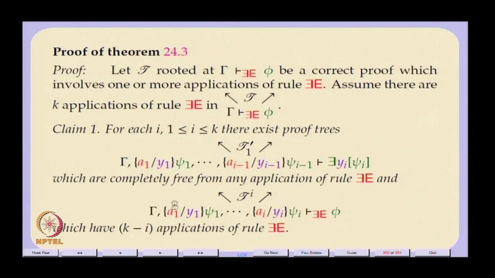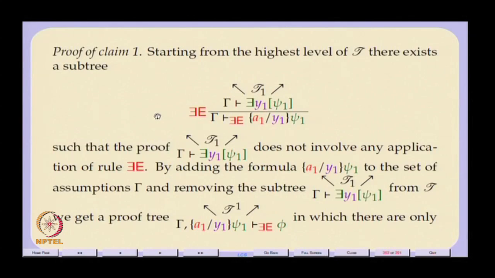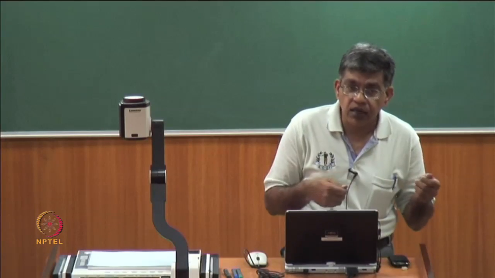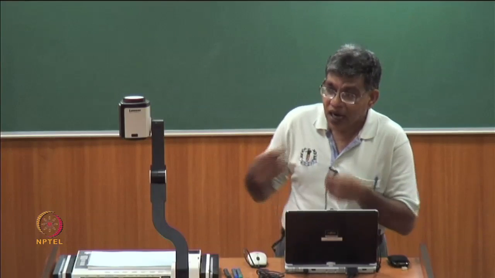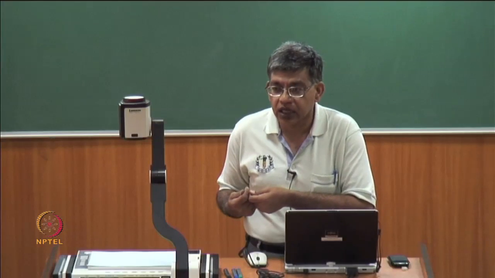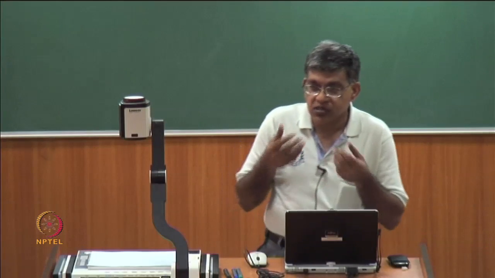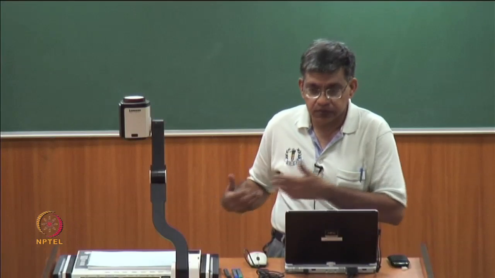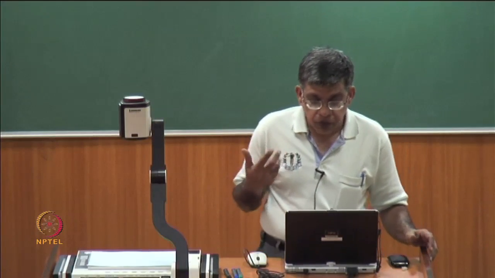So this claim is important. In my original proof the other day, I actually assumed that all these applications could be taken at the leaves, but that is not true, because if I had existential quantifiers deeply nested inside the formulae, then I will have to extract out all the root nodes and go through several steps before I eliminate them.